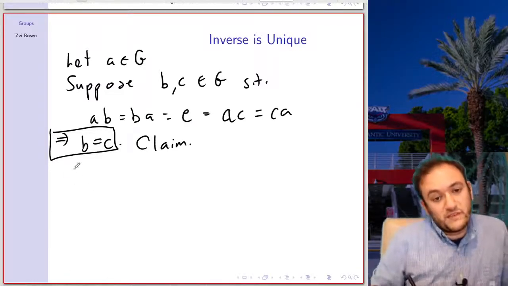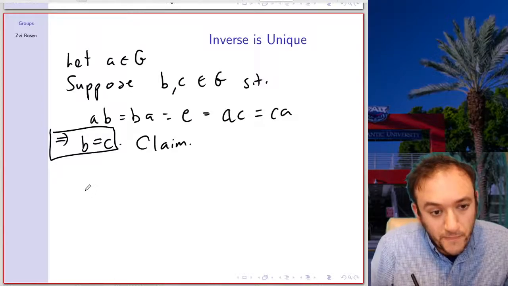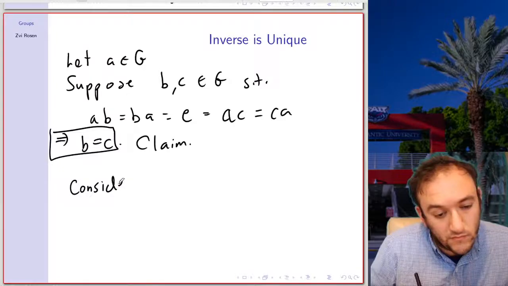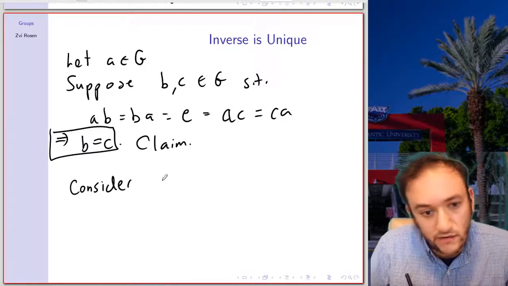So how can we prove this? Well, what are we going to start by considering?